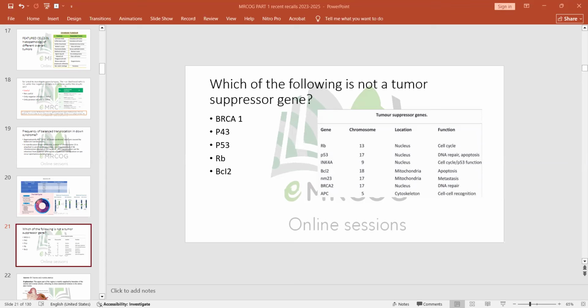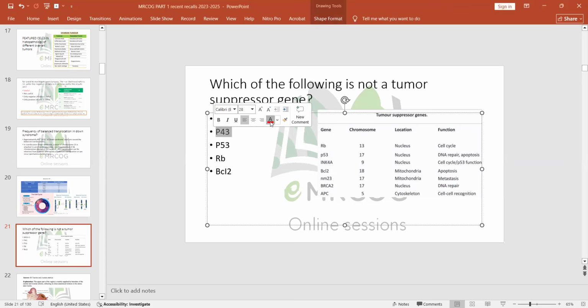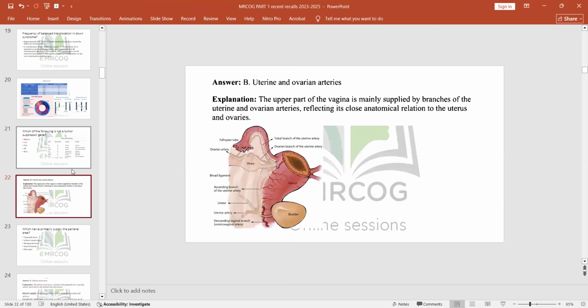So this is why there is a big spotlight on P53 now. So here the answer is going to be this one. And if you got this incorrectly in the exam, no one is going to blame you. Totally forget about it.